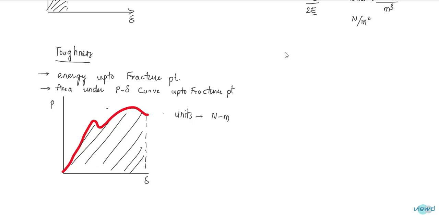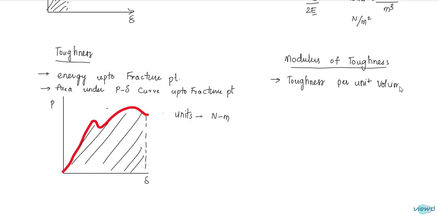And what is the modulus of toughness? Modulus of resilience was proof resilience by volume. Here toughness per unit volume gives us the modulus of toughness, and this is the area under the stress strain curve up to the fracture point.